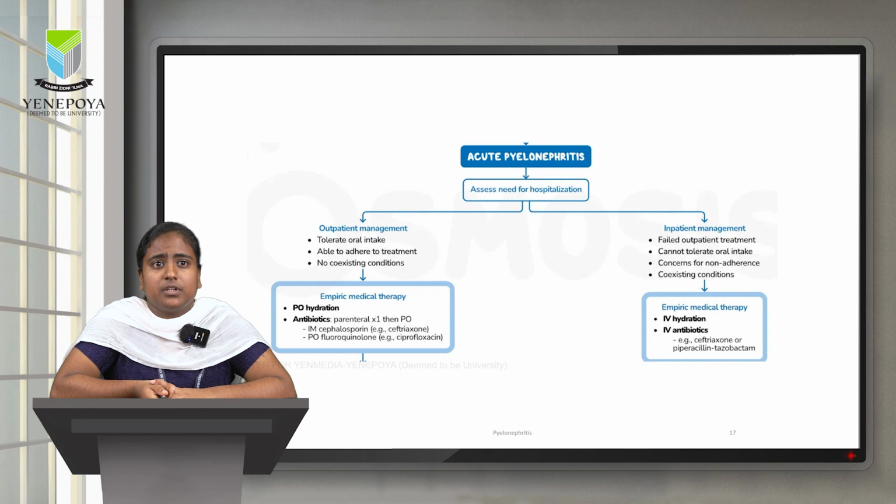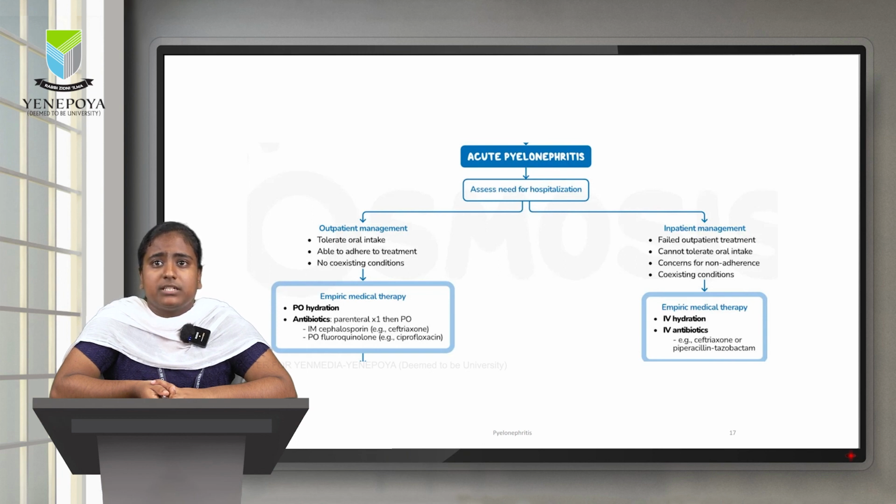If you can manage as an outpatient, start empiric medical therapy: peroral hydration and antibiotics, that is one parenteral dose, then start peroral. IM cephalosporin, for example ceftriaxone, and then peroral fluoroquinolone, for example ciprofloxacin.